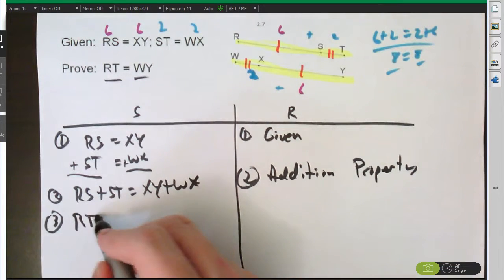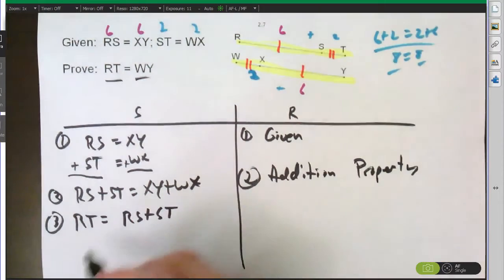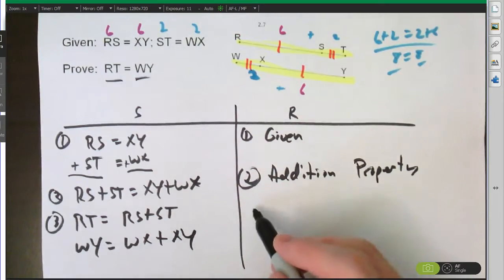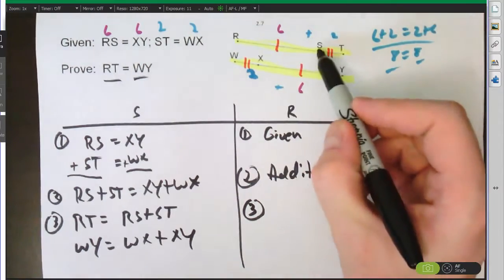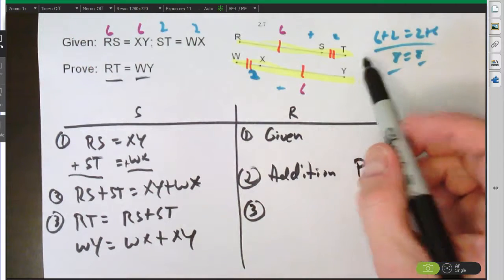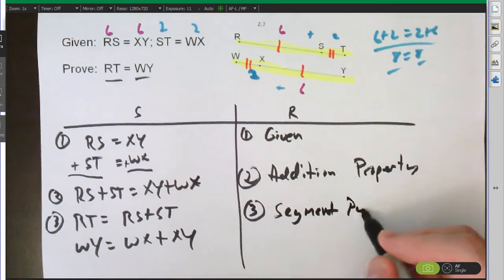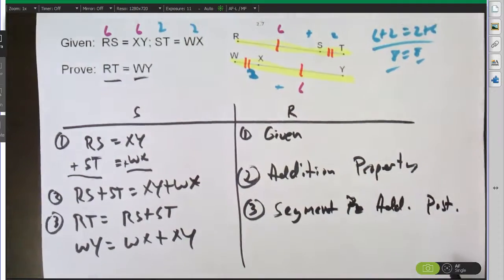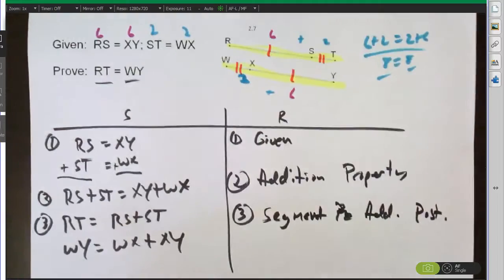I know that RT has to equal RS plus ST. I know that WY has to equal WX plus XY, and the reason I know that is the segment addition postulate. If S is between these 2 points, this part plus this part has to add to the whole. And again, this is what also makes this one difficult, is we don't use segment addition postulate. People just don't think to use it that way. They don't realize that, oh, I can build up the full segment by adding the 2 parts together.